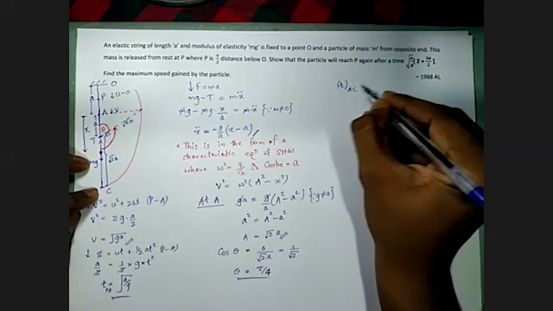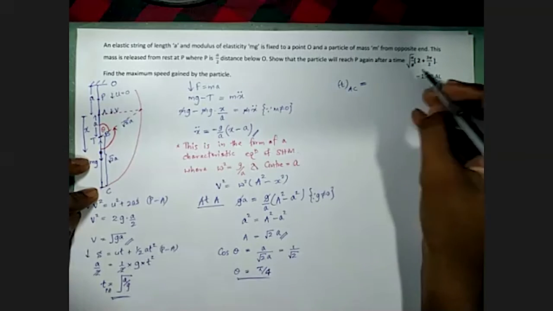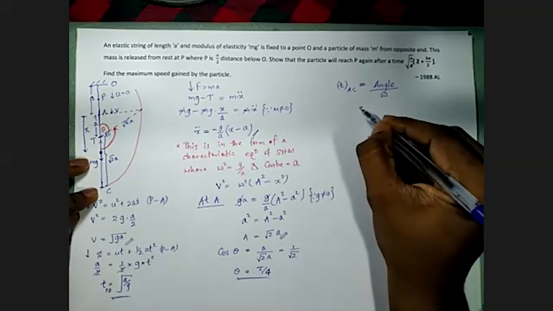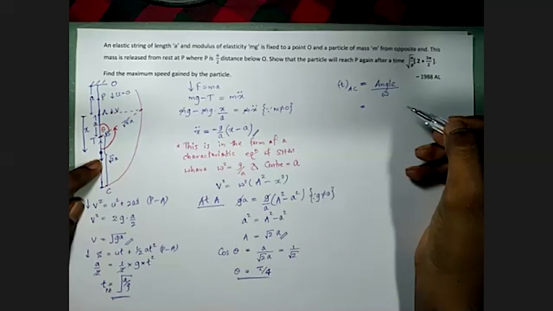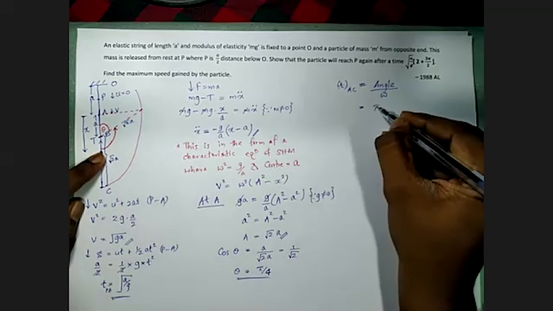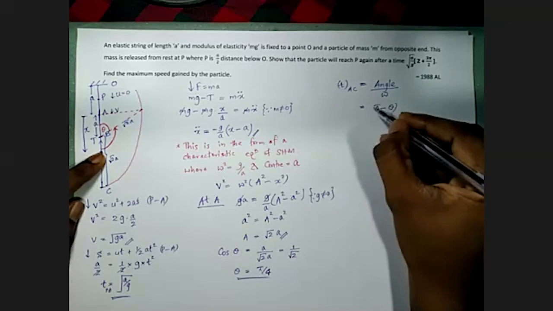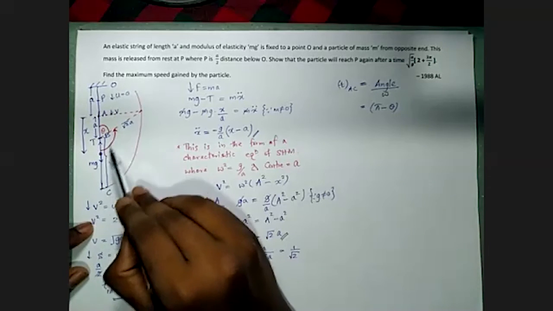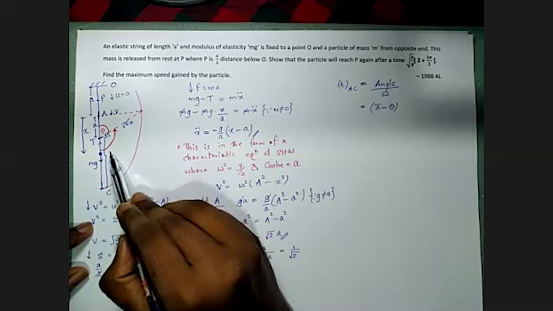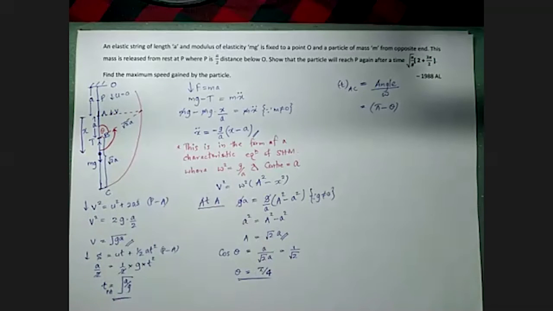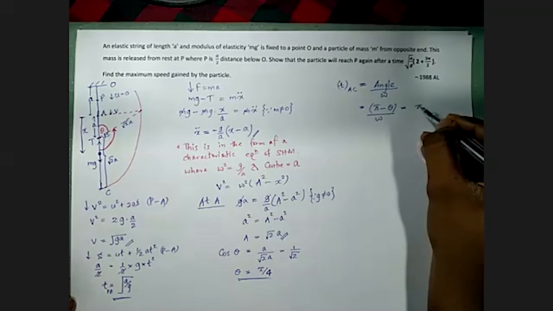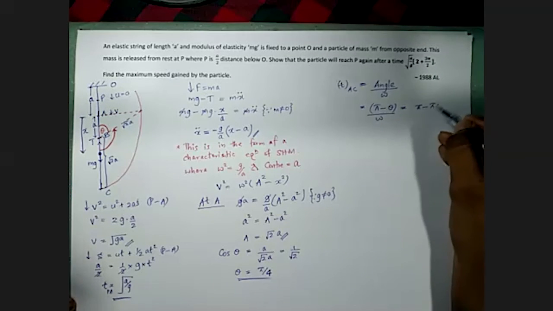Time A to C. In simple harmonic motion, we know time is calculated from this equation: angle covered divided by omega. Now what is the angle covered in this motion? This is that angle which can be written as 180 minus theta, because this total angle is 180. 180 minus this small theta will give you the angle covered by the simple harmonic motion. Pi minus theta over omega. What is theta? Theta is pi by 4.